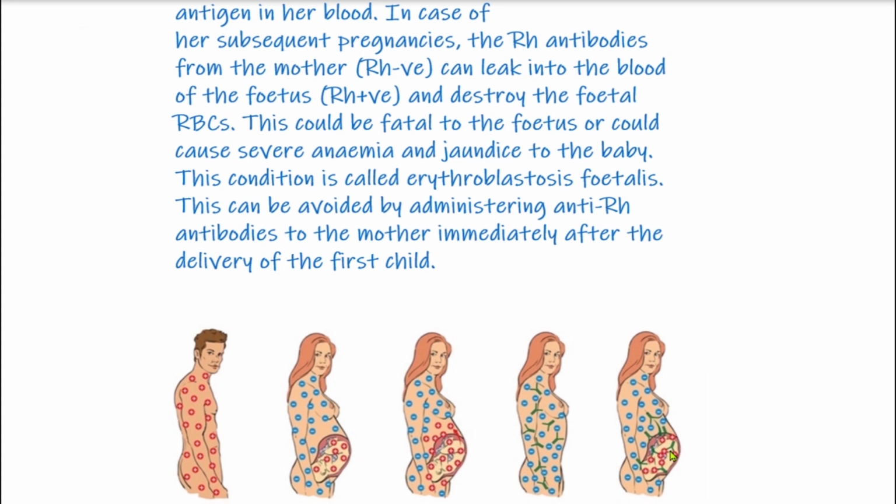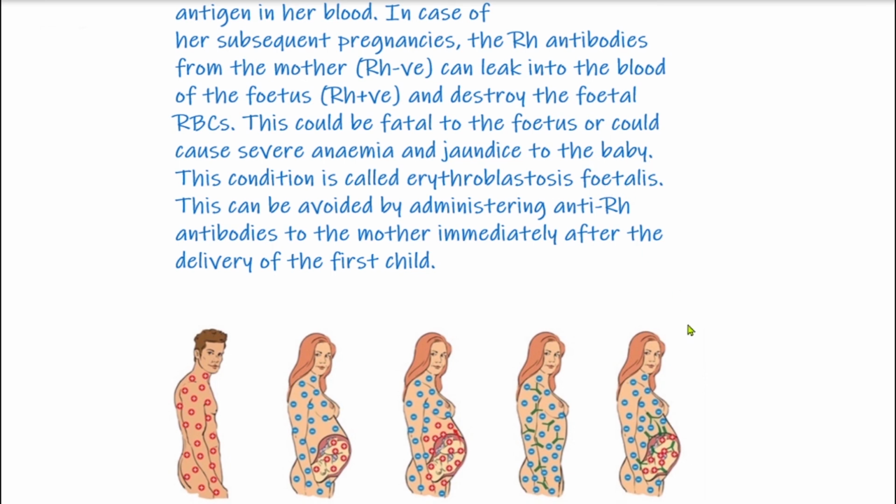These pigments are yellowish green in color, and so the color of the body will become yellow, and the condition is called jaundice. So the baby will suffer from anemia and jaundice, and this condition is called erythroblastosis fetalis.